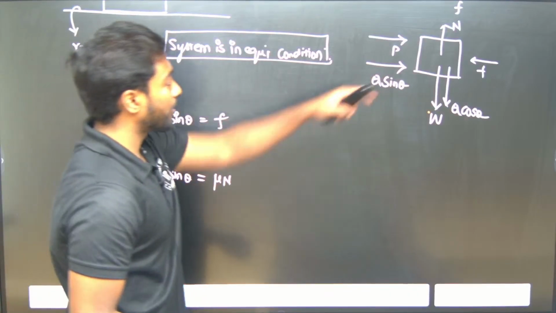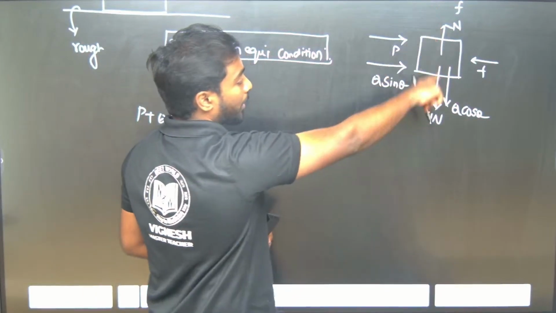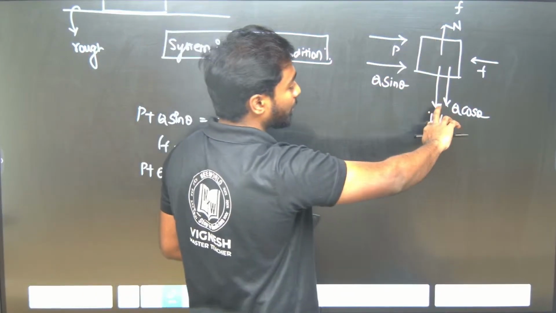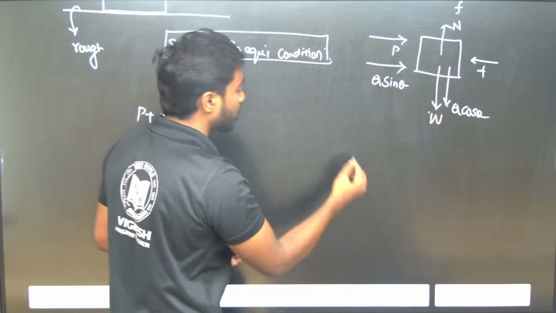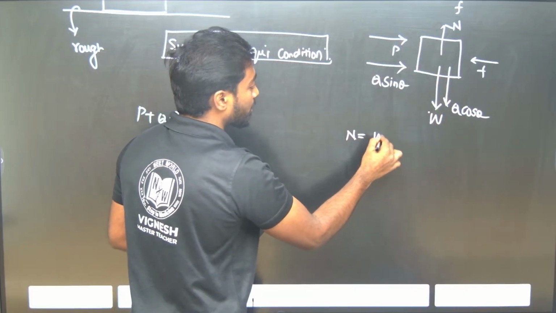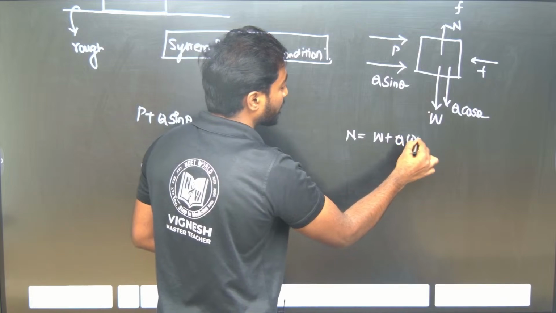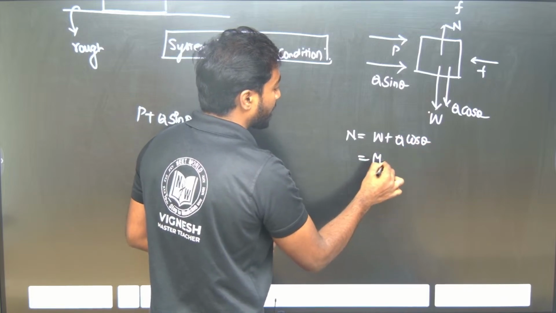Now what is N here? N is acting above and two forces, the weight and Q cos theta, are acting downwards. So N will be equal to W plus Q cos theta, where W is mg.